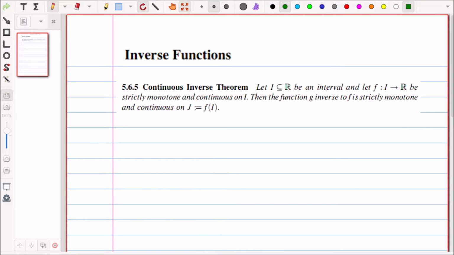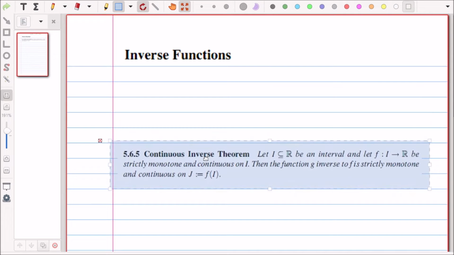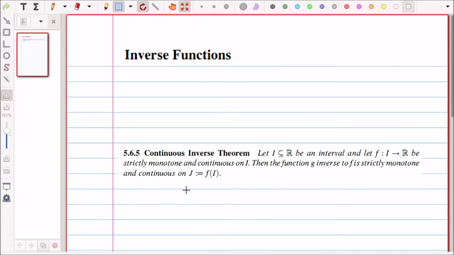And what is the definition of inverse function?